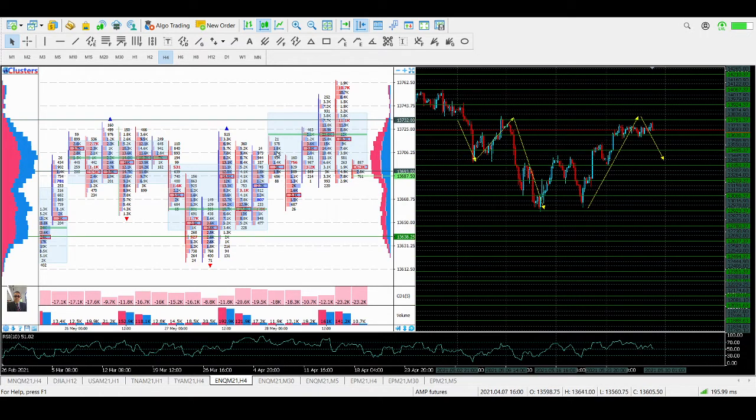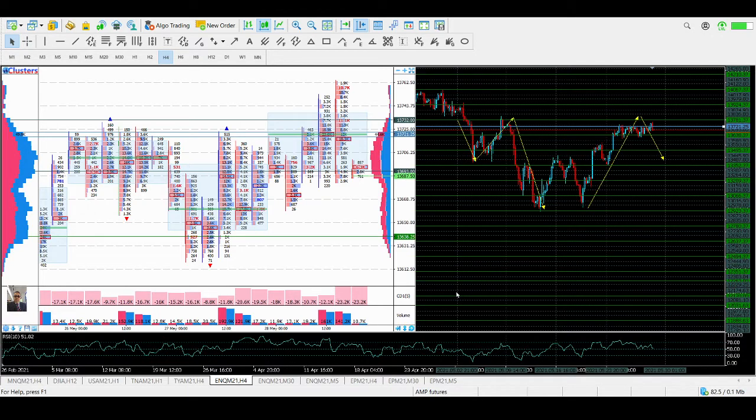So what I normally do is drop a line straight onto where those high volume transaction areas are, and it will appear on my price chart as well.